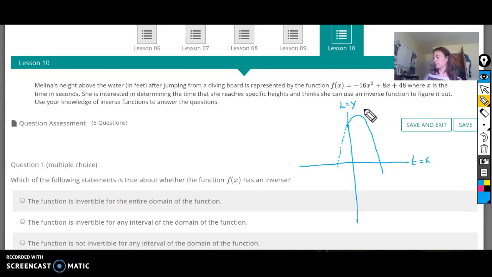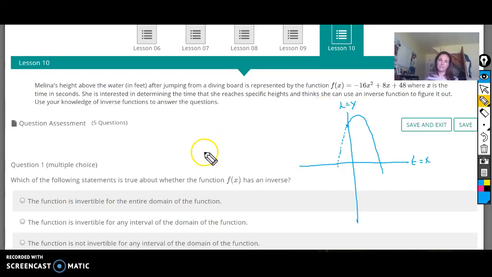So, and let me read this correctly. I wrote it down because it is kind of confusing. For invertible functions, each input must have unique outputs, okay? So, if there are 2 inputs that both have the same output, we cannot use that as an invertible function.